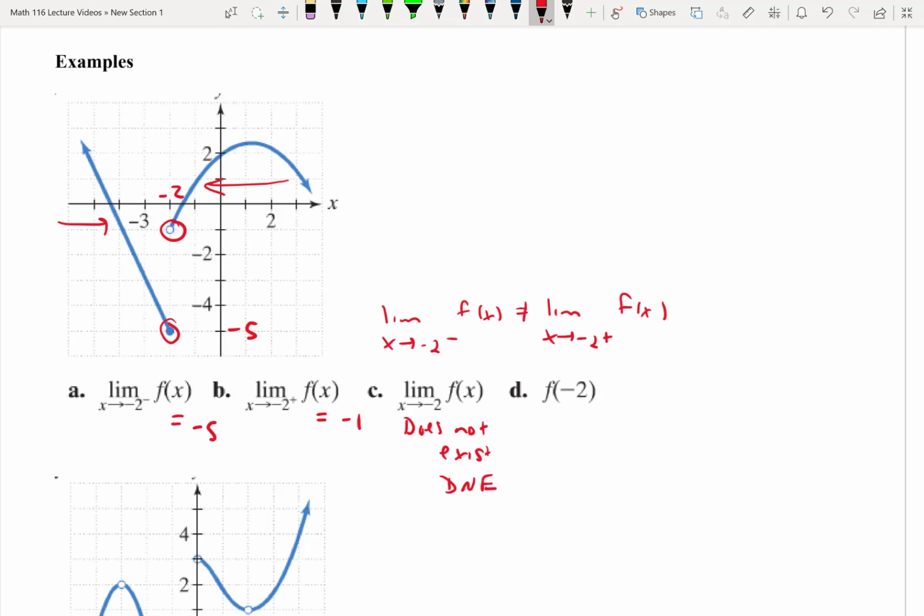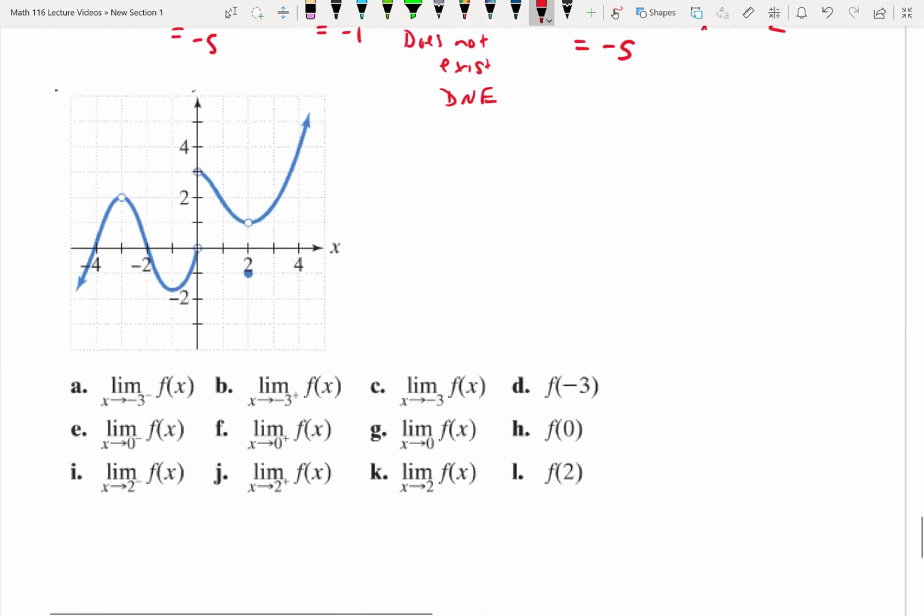So the two-sided limit doesn't exist because the left and right-hand limits were different. And then finally part D, the f of negative 2 is the actual y coordinate at x equals negative 2. So that's the filled in dot, that's where it exists, and f of negative 2 would be negative 5.